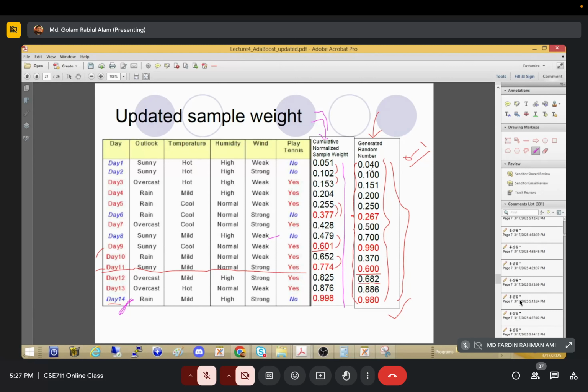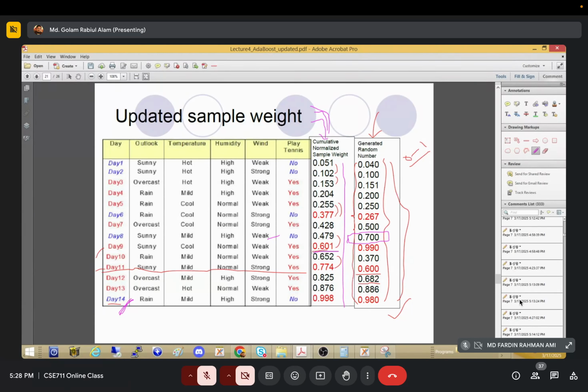Now, after generation of the 14 random numbers, for each and every random number, I have to find out the interval in our cumulative normalized sample weight. Let's say 0.7, one of our generated random numbers. I have to find out which interval of our cumulative normalized sample weight 0.7 belongs to.